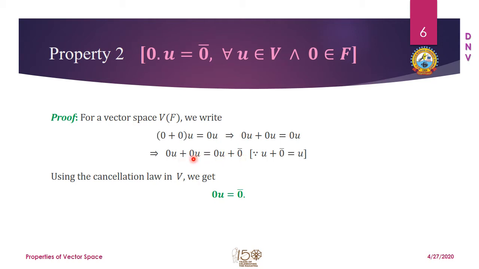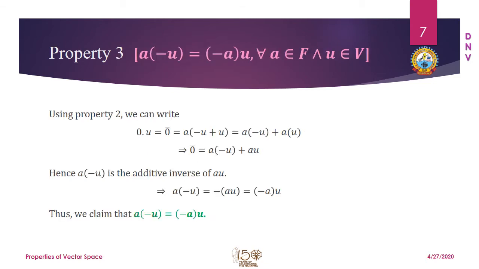Now I use the cancellation law for vectors. Using left cancellation, I cancel this term with this term, so it gives me 0 into u equal to 0 bar, that is, the 0 vector. With this we can prove that when the scalar 0 is multiplied by a vector u, it gives the 0 vector. This is the second important and small property which will be used in the later slides.